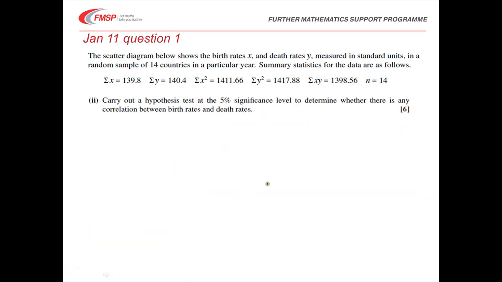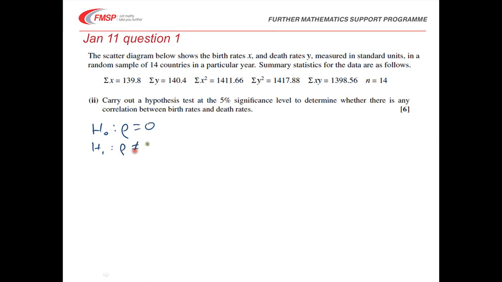Okay, so we're then asked to carry out a hypothesis test at 5% to determine whether there is any correlation. So setting these out again, you get 3 marks for setting out a hypothesis test before we even start. So you get 1 mark for your null hypothesis, so it's the fact that rho, which is your population parameter for correlation, is 0, i.e. there is no correlation.